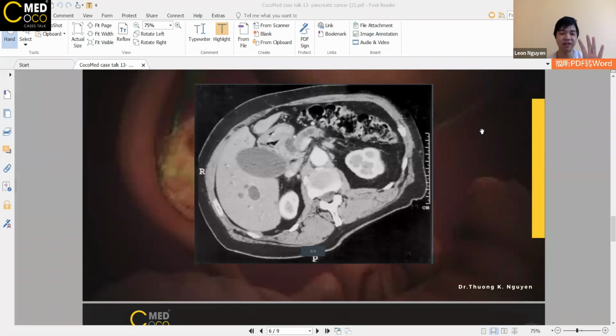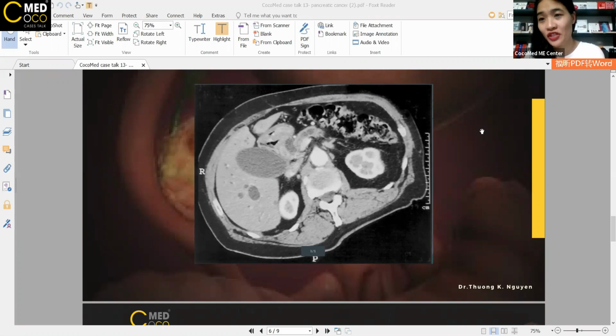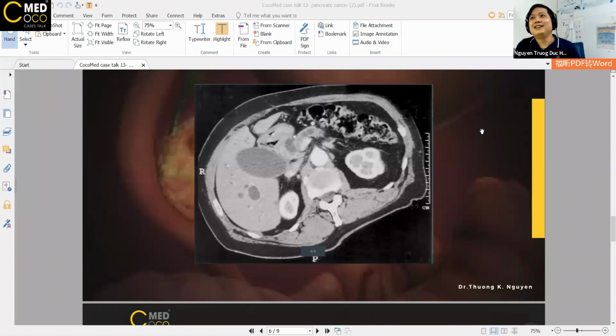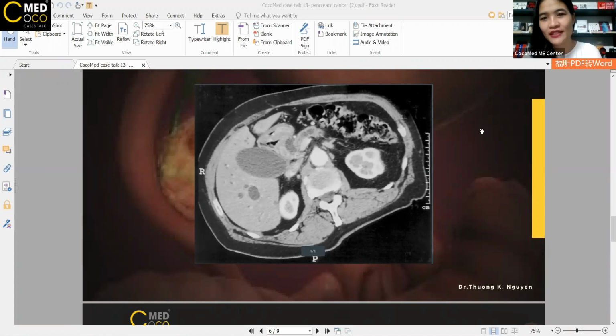So 10 pounds is not really a lot. 10 pounds is around 4.5 kilograms, but 4 kilograms for a person around 100 kilograms is not a problem. That's why we say it's 5% of your body weight. They define that if your weight is lost more than 5% over 6 months, we call this significant or important weight loss.